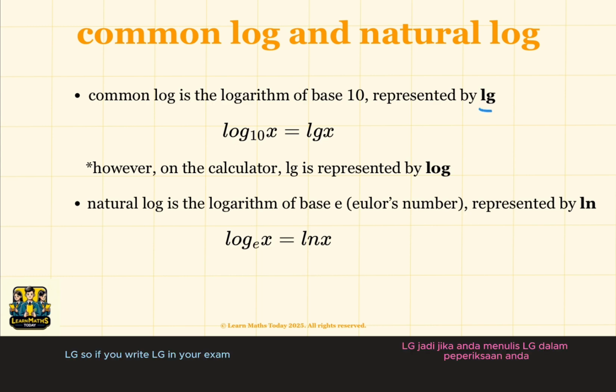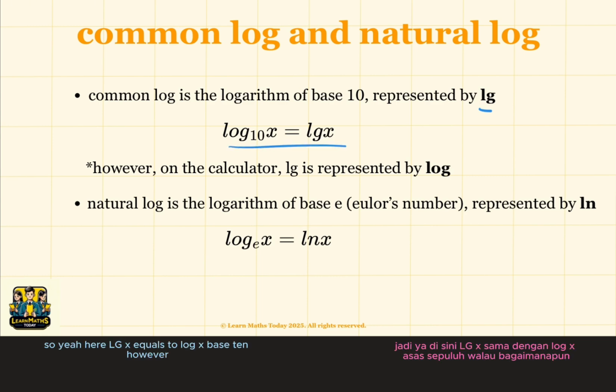So if you write lg in your exam, it will be understood as log base 10. So here, lg x equals log x base 10. However, take note that on your calculator, it should be represented by log with no base, just log. But take note, it is common log, so log base 10.